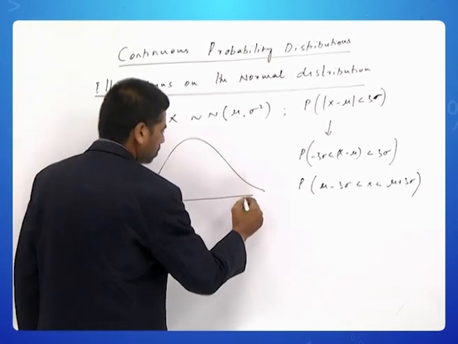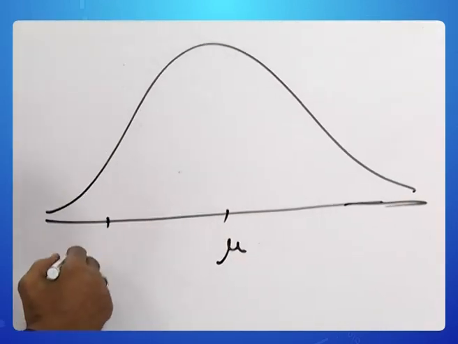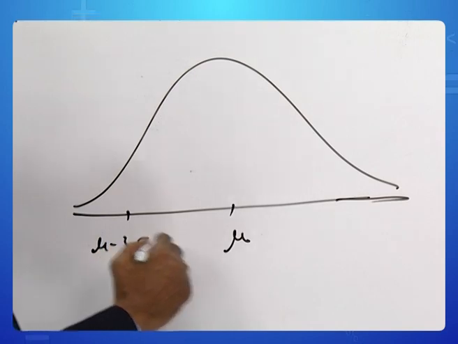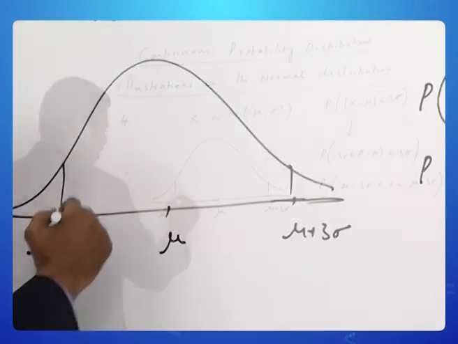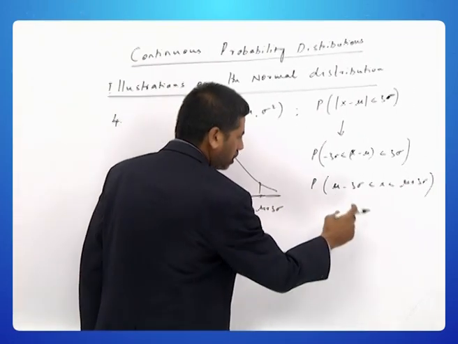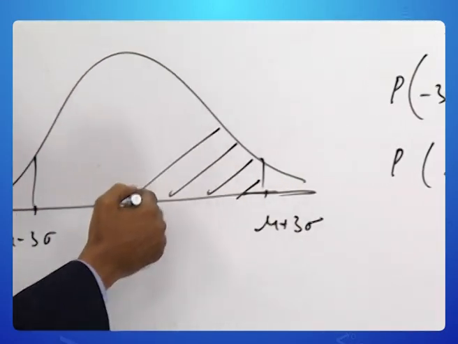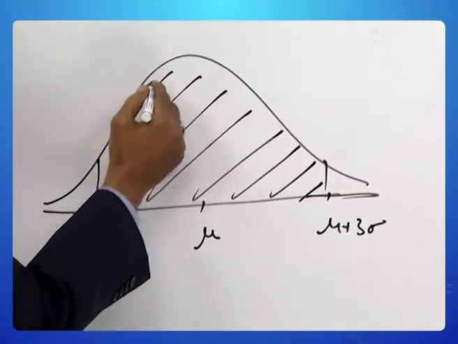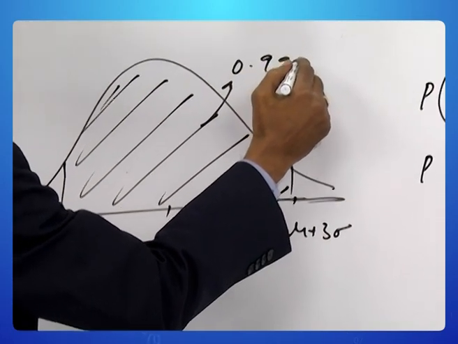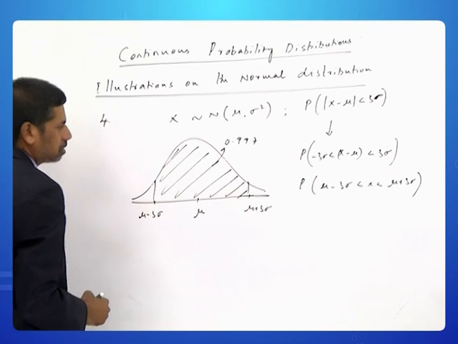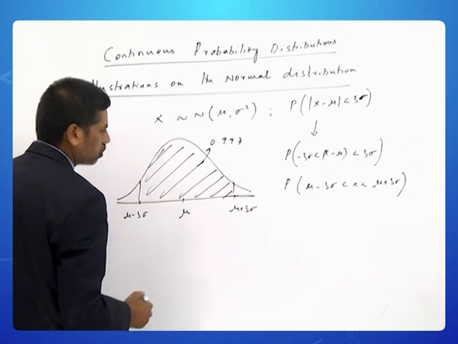So well known result, mean mu, this is mean minus 3 sigma, this is mean plus 3 sigma. So the area between these two limits is this, and this covers approximately 99.7% of the total area.